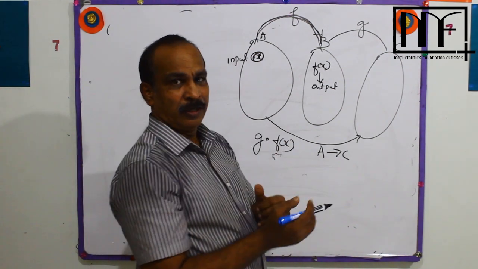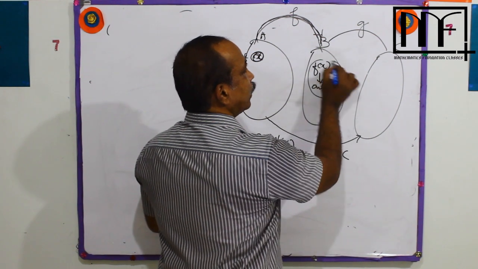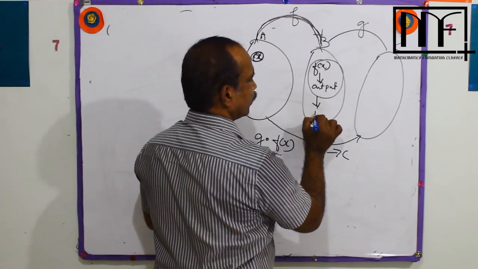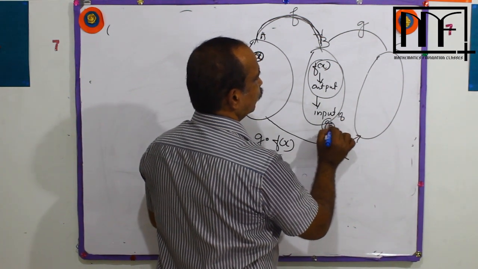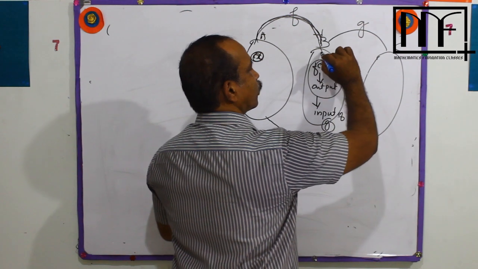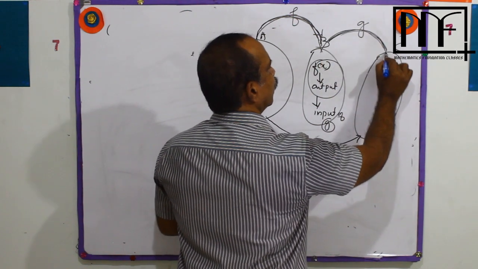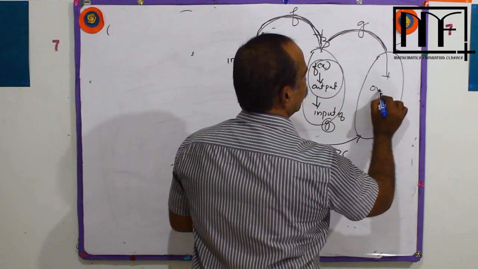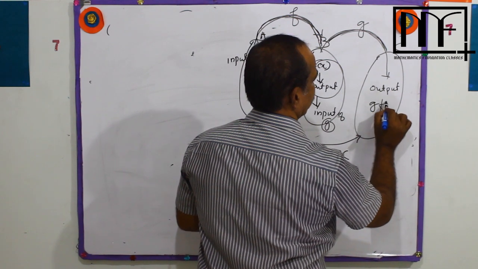Then the second function is another machine. Here the input becomes f(x). f(x) is the input of g, and again the function g works on it. After processing, it gives the output. What is the output? The output is g of f(x).